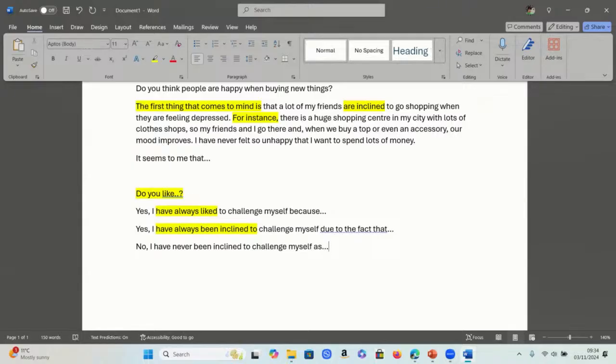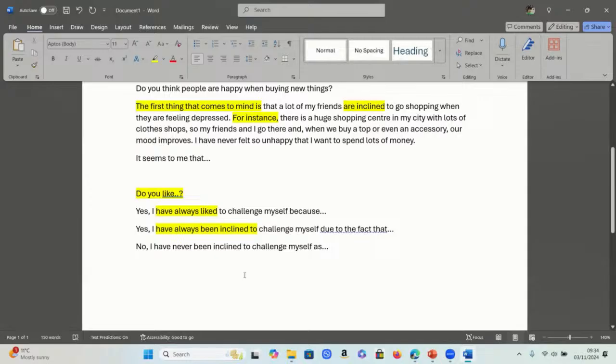I've always been inclined to challenge myself is better than liked. So you've already impressed the examiner twice. And then instead of saying because, you say due to the fact, because that's better vocabulary, but it's also better cohesive devices, joining words, which is a separate mark in the descriptor. So the first one's good, the second one's better.